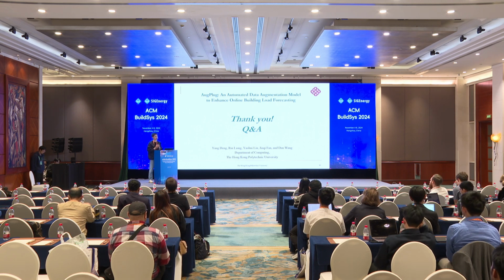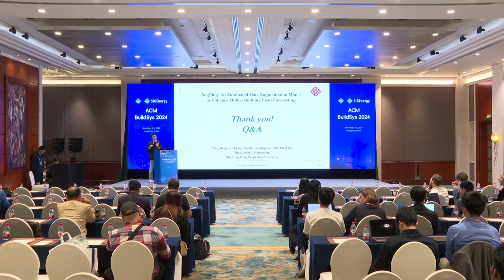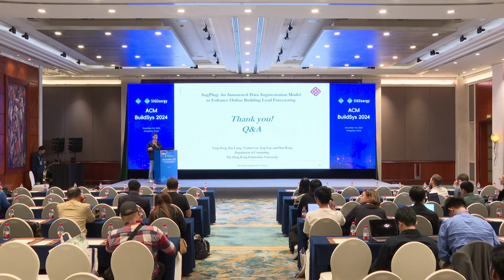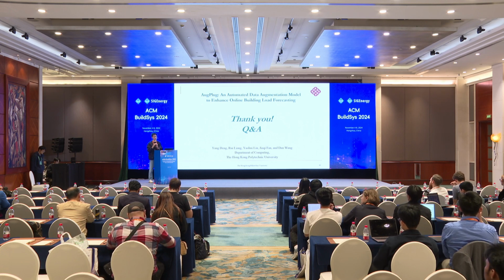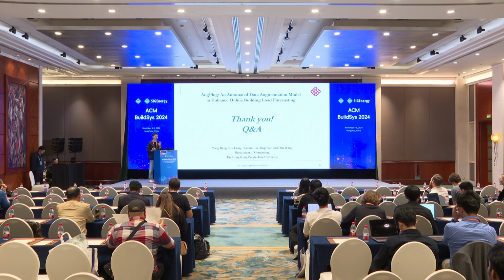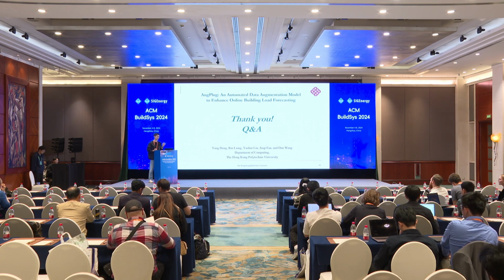We don't think we need to consider if it forgets the previous, because if we can predict what will happen in the future data, we can generate the synthetic data for that, and the model will always perform well. So it can somehow solve the catastrophic forgetting. I think it's another dimension. Okay, thank you.